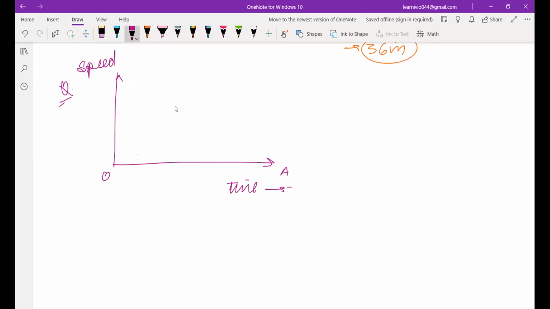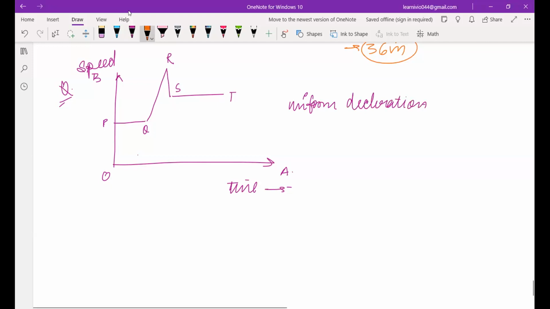O, A, B. Like this, okay? This is P, Q, R, S, T. Now what is the question? In the speed time graph for the moving object, the part which indicates uniform deceleration of the body. So we will study all of these parts one by one.